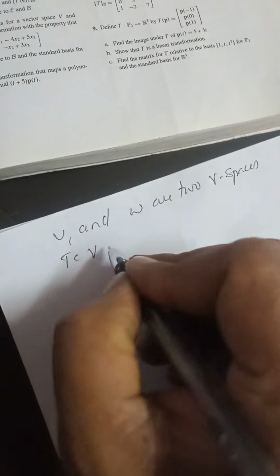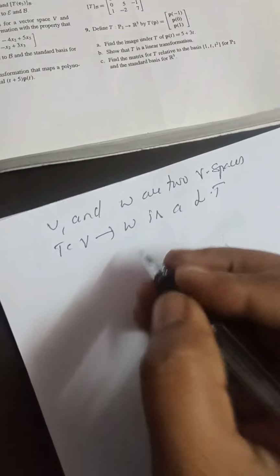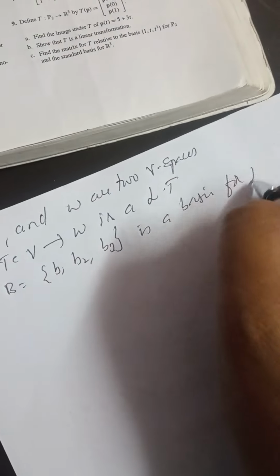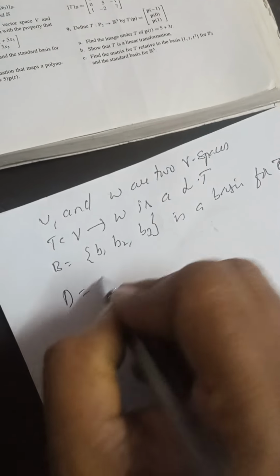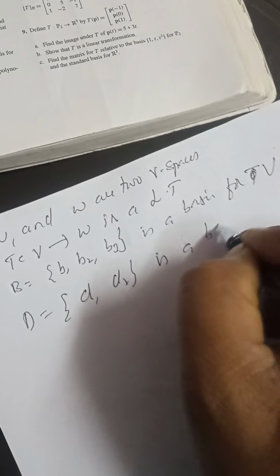V and W are two vector spaces, right? T from V to W is a linear transformation. B equals B1, B2, B3 is a basis for, sorry, basis for V. Next, D equals D1, D2 is a basis for W.